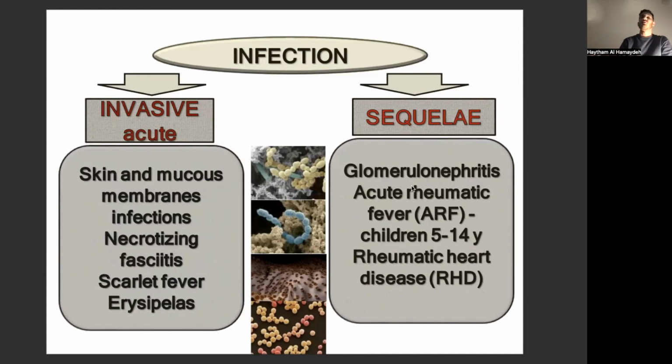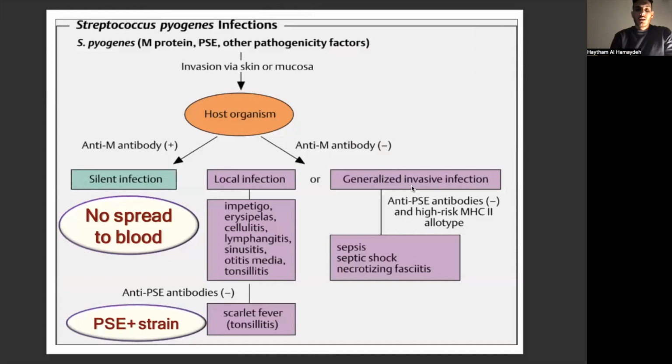Glomerulonephritis is basically damage to nephrons because the M proteins are large and they stick into the nephron structures. And so damage can happen here as well. If within a body the anti-M protein is present, we have a silent infection.